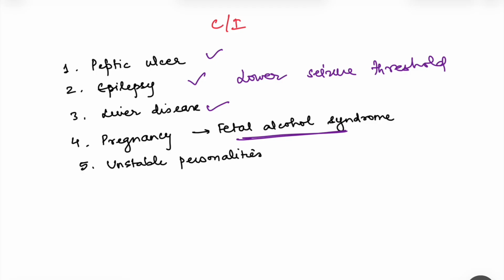The baby will have low IQ, even a small head size, and there can be various cognitive problems. Then unstable personalities, better to avoid alcohol because their behavior becomes erratic and they can become violent as well. But that is the irony, that unstable personalities consume more alcohol and it can lead to irrational decisions and behavior.